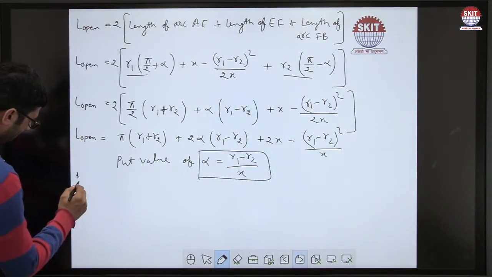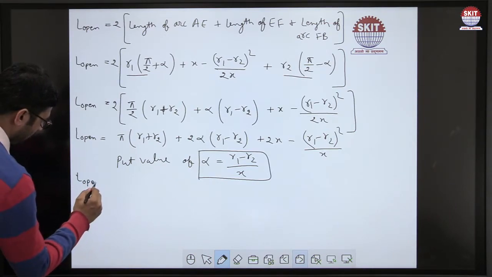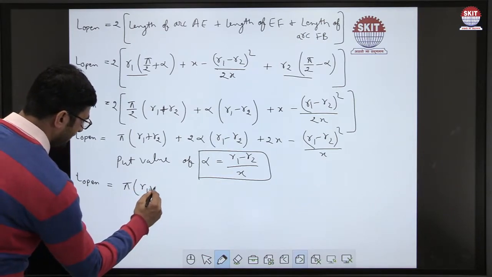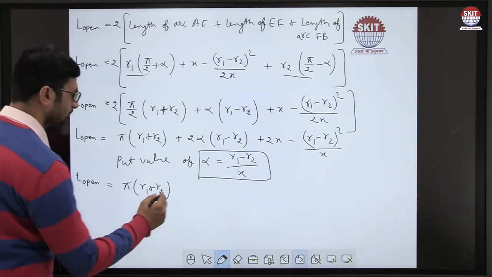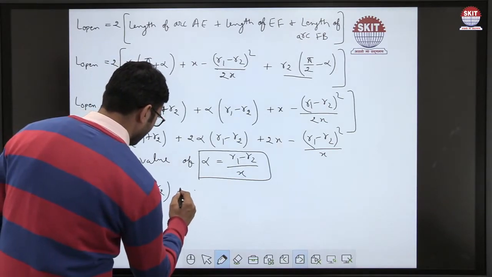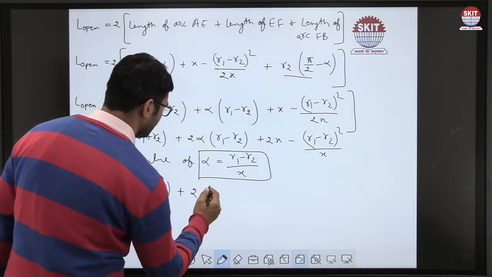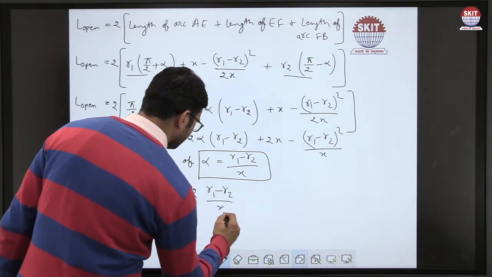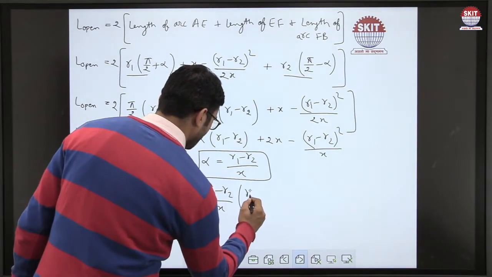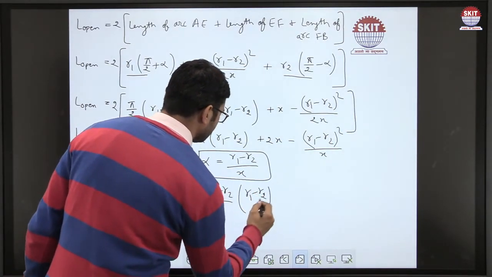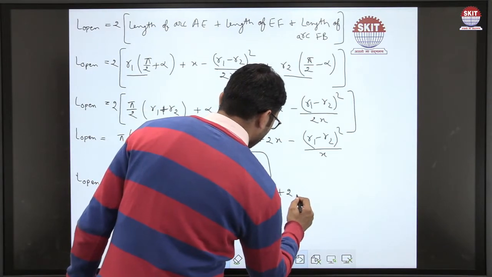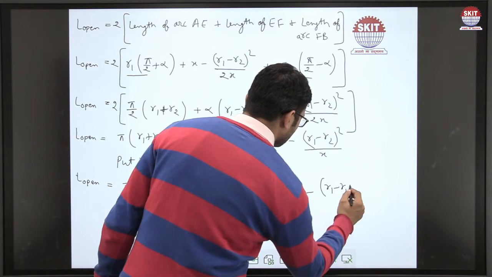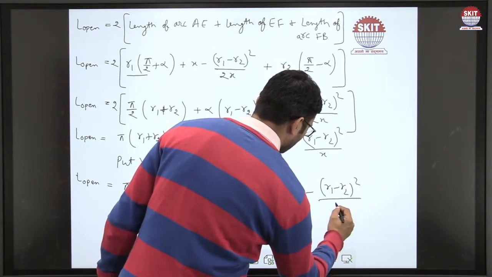So the formula of length of open belt drive is equal to pi R1 plus R2 plus 2 R1 minus R2 upon x, R1 minus R2, plus 2x minus R1 minus R2 whole square upon x.